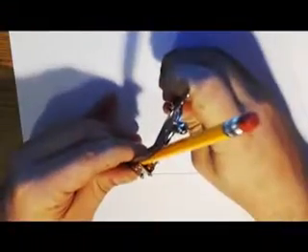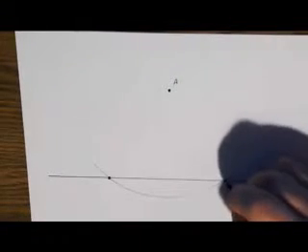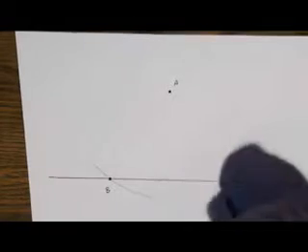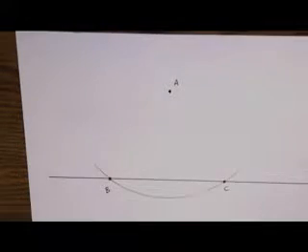So two sides can be radii of the same circle that just happens to cross this other line that we have. So we take our compass, make sure it's wide enough to cross the line, and it's guaranteed to cross not once, but twice. In this way, we have two points of intersection, points B and C.